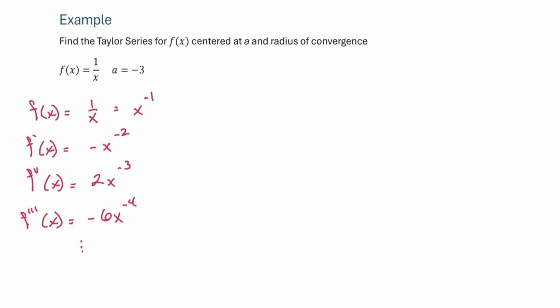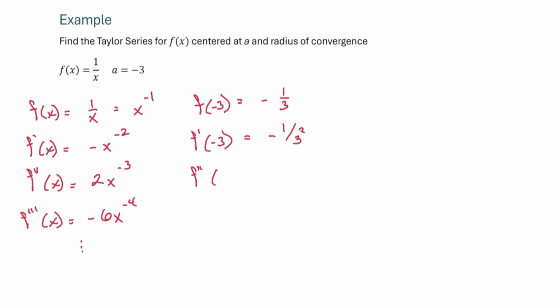Next, we need to plug in the a value, negative 3. f evaluated at negative 3 is simply negative 1/3. First derivative at negative 3 will be negative 1 divided by 9, or let's write that as 3 squared.